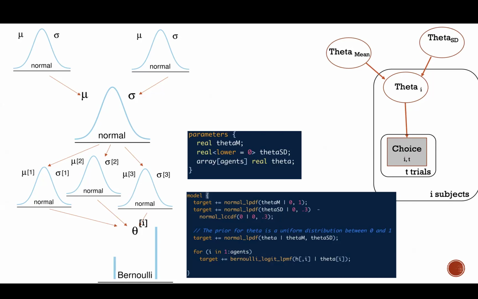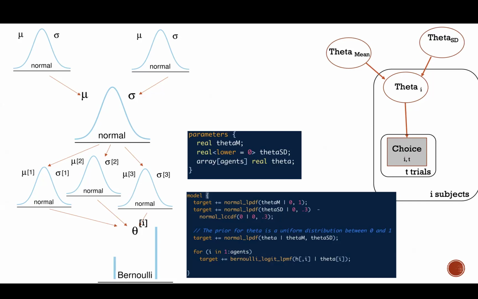So this is basically saying: transform this normal distribution into a truncated normal distribution. Then we say that theta, which is a vector, one per agent, is sampled from theta m, theta sd, so a normal distribution with that mean and that standard deviation.